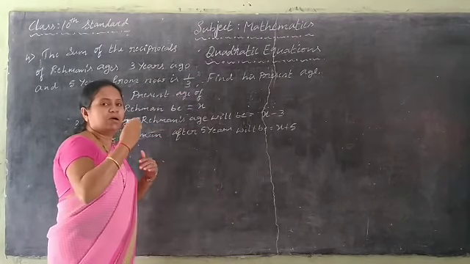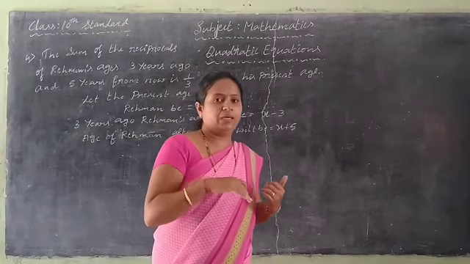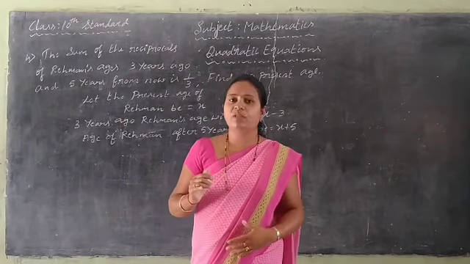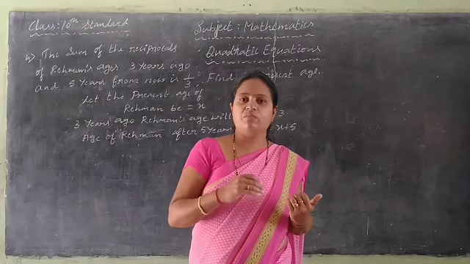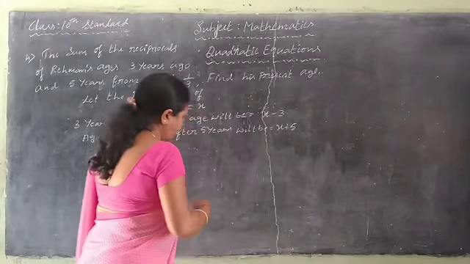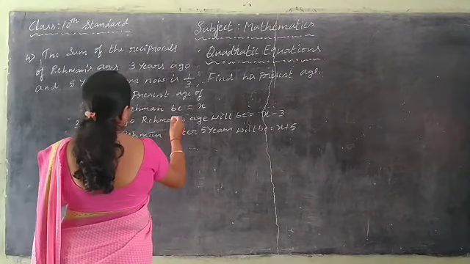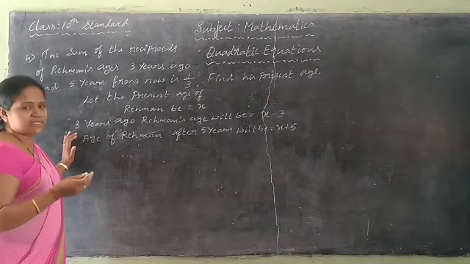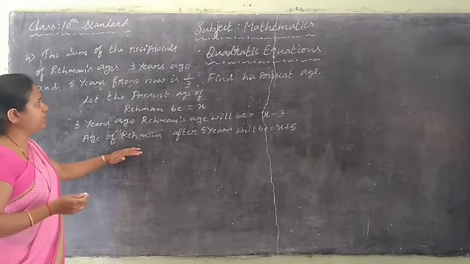After means after 5 years. Ago means behind. Got it? So we will consider present age will be x, and ago means we will take it as minus, and after means we will consider it as a plus. Right. So now we got the present age of Rahman, the age 3 years before, and the age 5 years after.